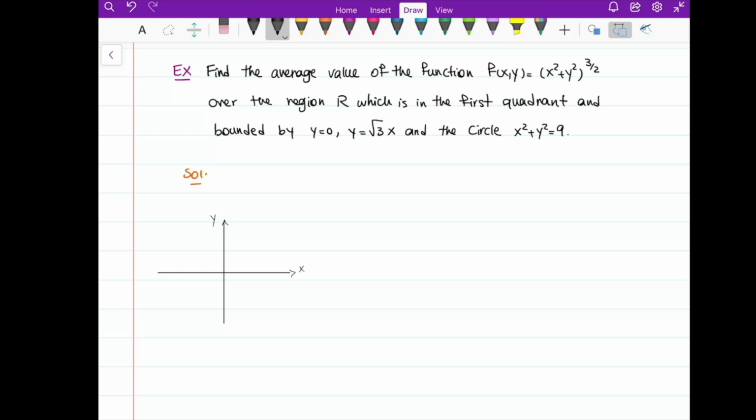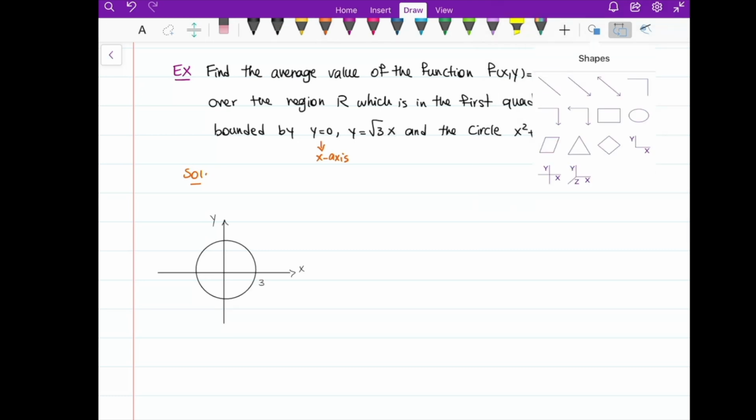X-axis, y-axis. And then it's part of the circle x squared plus y squared equals 9. So it's a circle centered at the origin of radius 3. And it's bounded by y equals 0, which is basically the x-axis, and y equals root 3 x. So let me graph that line in here.